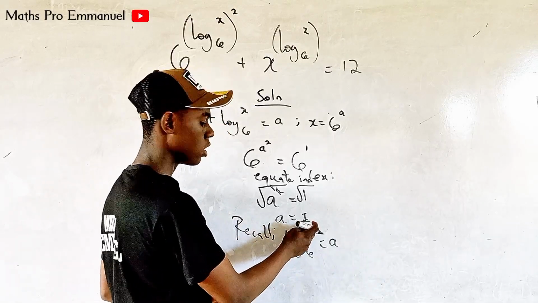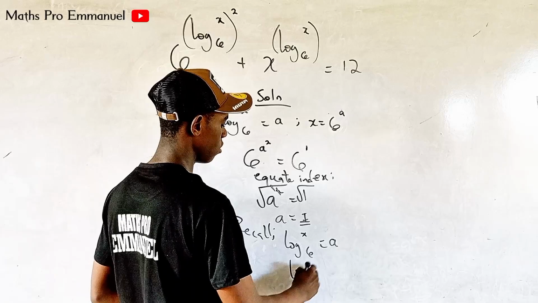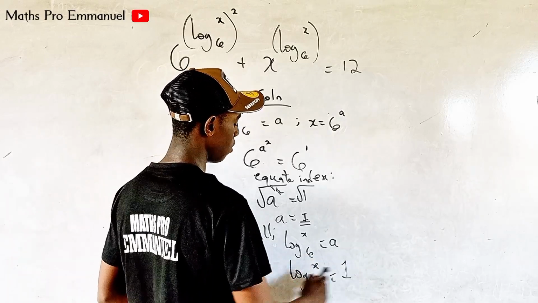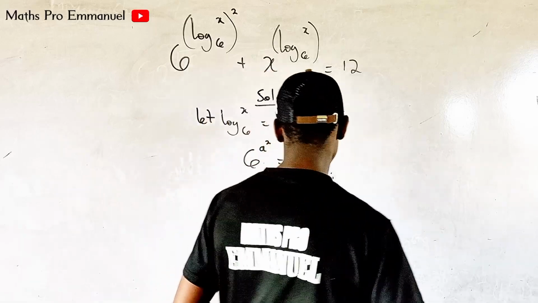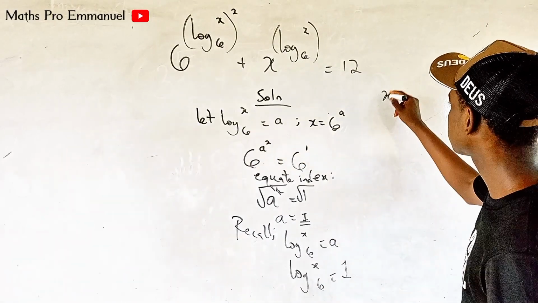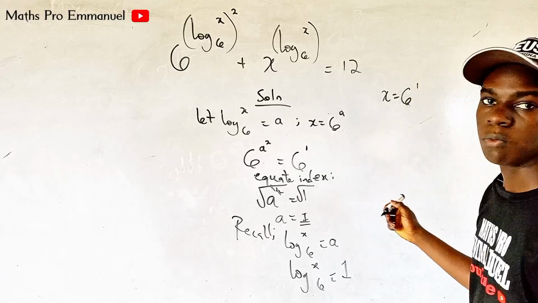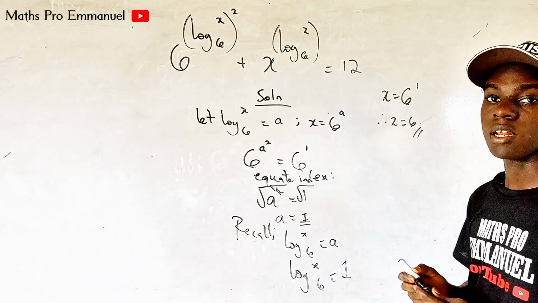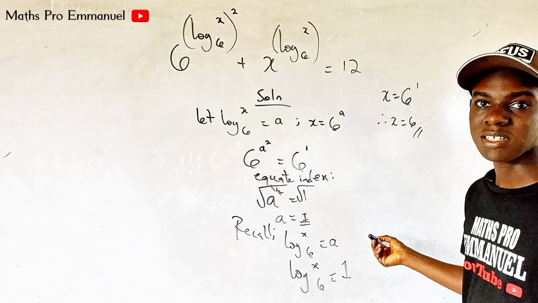Since a is 1, I'll just have log x base 6 equal to 1. Now I can convert this logarithm to indices. Then my x will be equal to 6 raised to the power of 1. That means x is equal to 6, and I'm done with the question. So that's the answer. X is equal to 6.